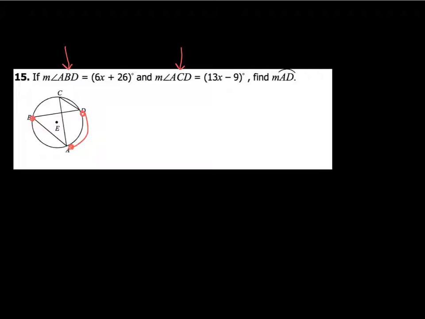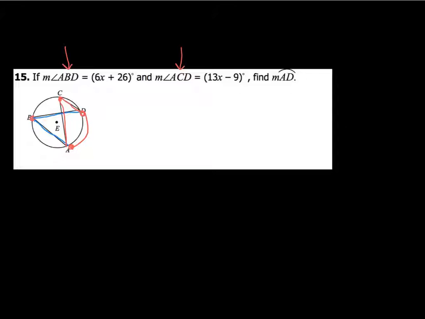Angle ABD is an inscribed angle. I see that when I extend the chords, it is connected to arc AD. When I take a look at angle C here and I extend the chords, it also is connected to arc AD. So if the arcs are the same, so are the angles.